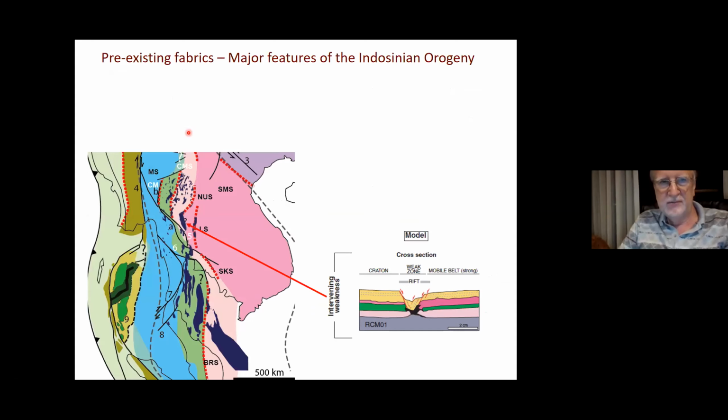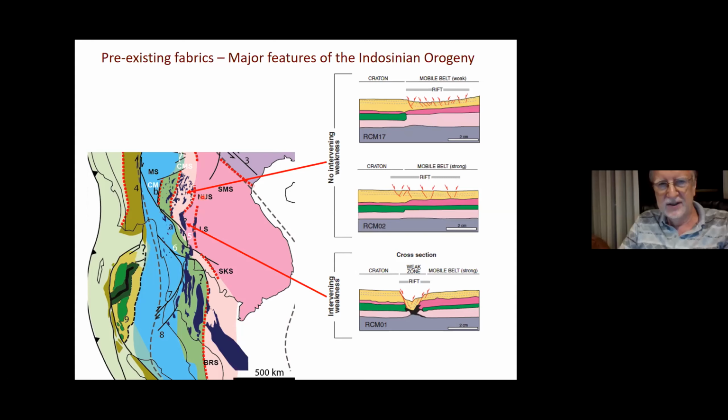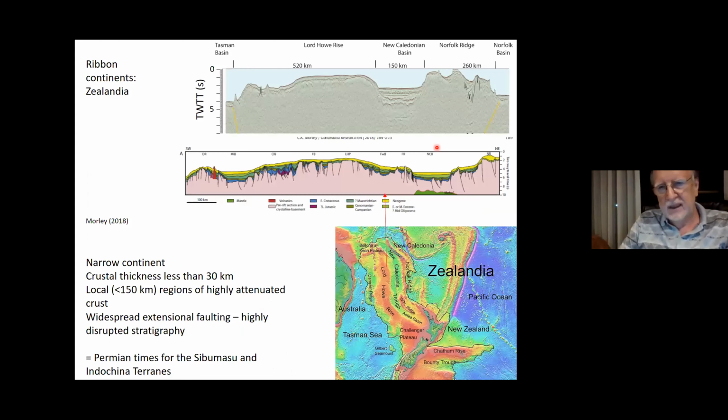So if we try to apply that model to Thailand, in central Thailand here, we've got a couple of deep localized rifts, and we'll see what they're localized on in a moment, but they fit this kind of model, whereas the much wider rifts up in the north correspond more with this kind of mobile belt model.